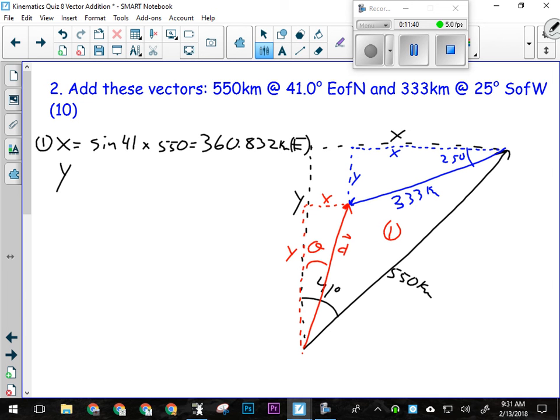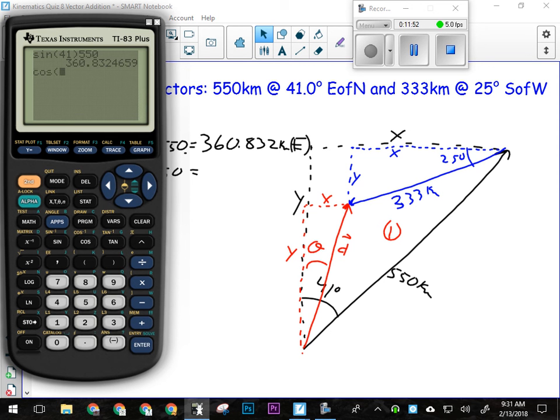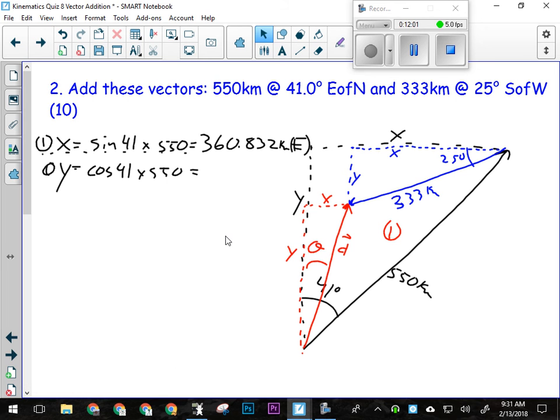Then I have to calculate y. That's just a method mark, guys. If they have this part here, they're good. y is going to be the cos of 41 times 550. 1 mark if they did that. So that's going to be 415.0903 kilometers, and that's north.